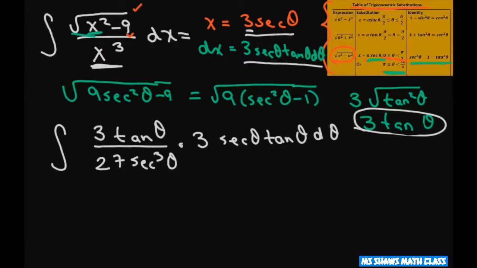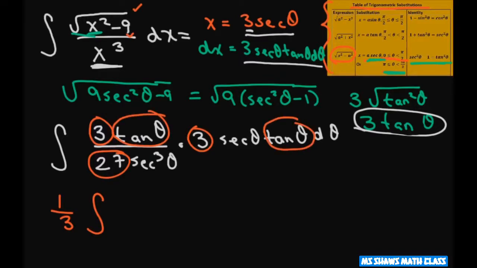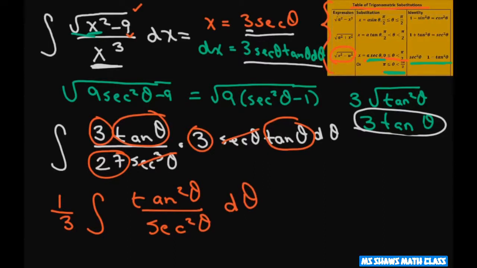Now, you multiply the constants. 9 divided by 27 is 1/3, so pull that out. Let's simplify all of this. We have 2 tans, so that's tan squared theta, and this will go into this secant one time, so you get secant squared theta d theta. Now let's simplify.